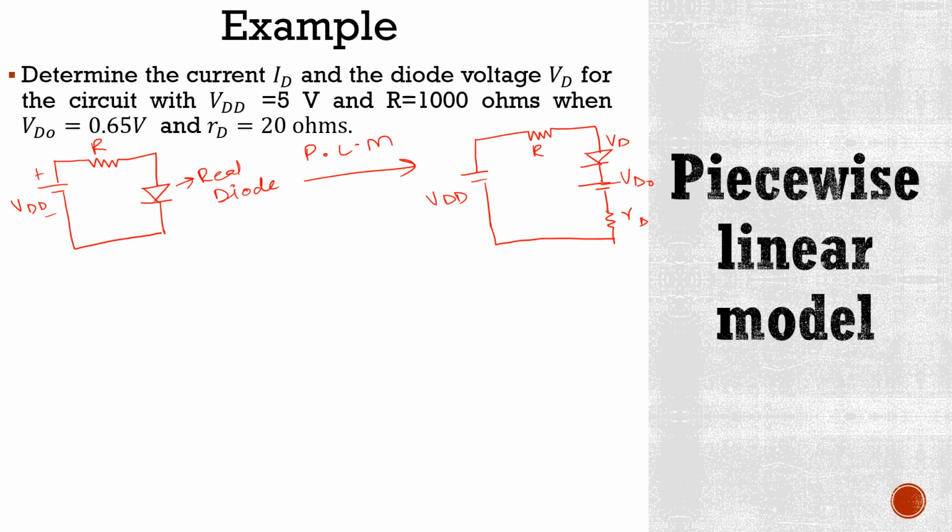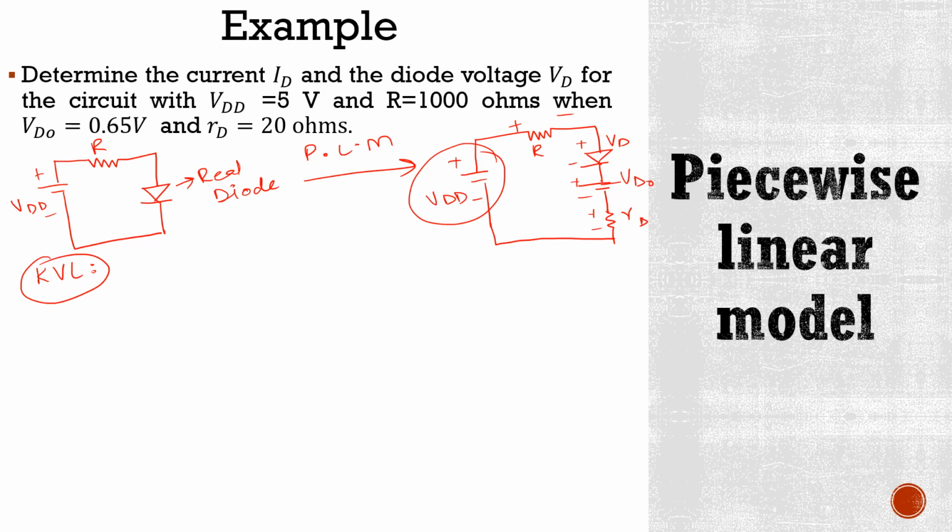Okay, so how will we start our analysis? First, we will obtain our KVL equation. For this, we will put positive and negative signs. Okay, now we'll start our analysis from this point.